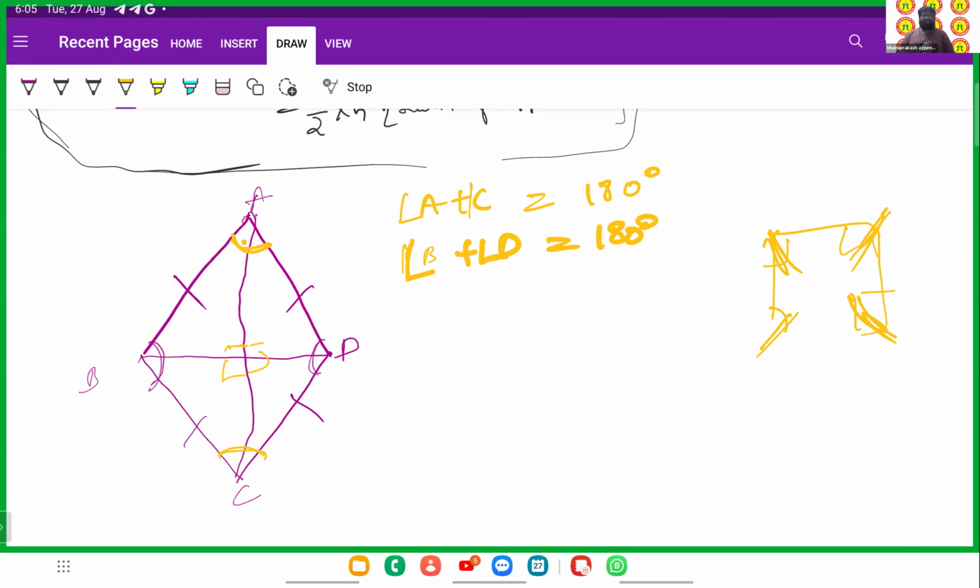A four-sided closed surface which has perpendicularly bisecting diagonals, all four sides equal, and opposite angles supplementary. You can write this as a definition.